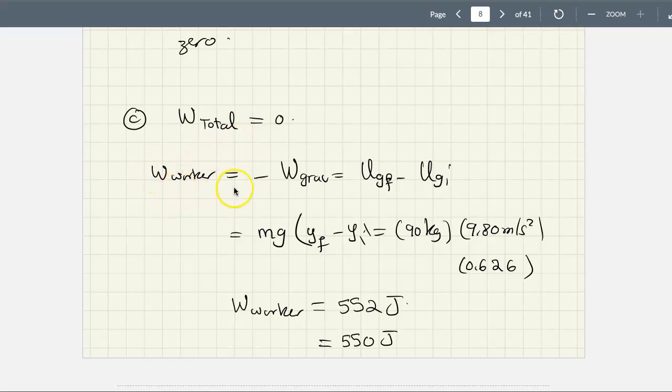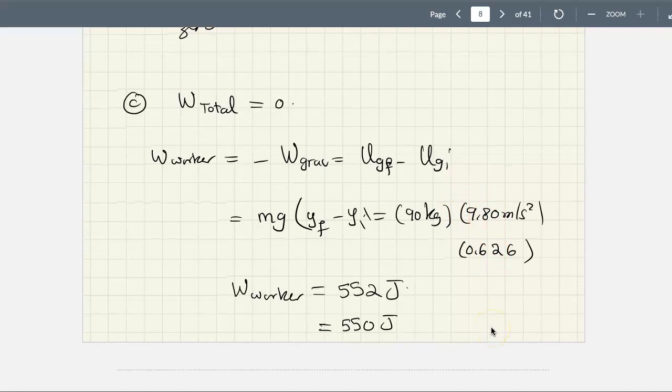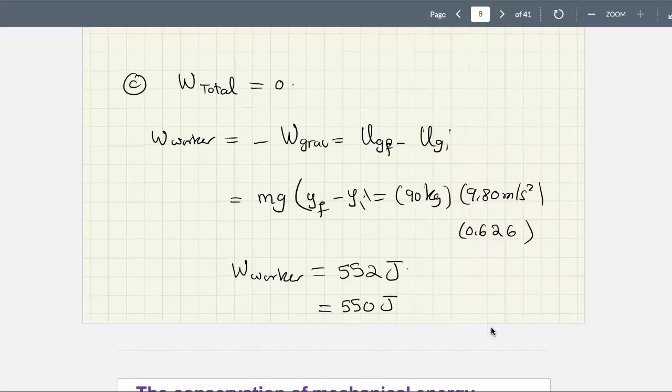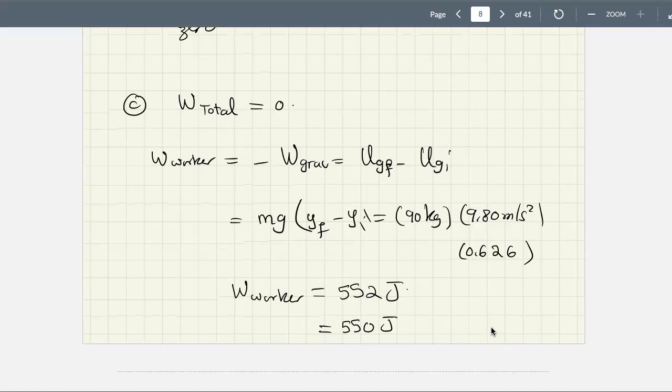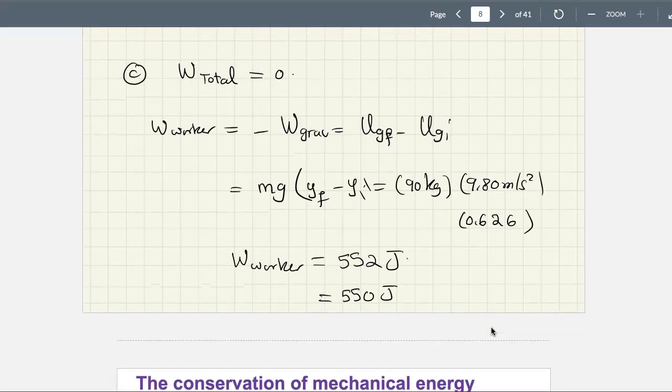The work done by the worker is going to equal minus the work done by gravity, and that is UG final minus UG initial, which is mg times h, which is 90 times 9.8 times 0.626. Then the work done by the worker is going to be 552 joules.